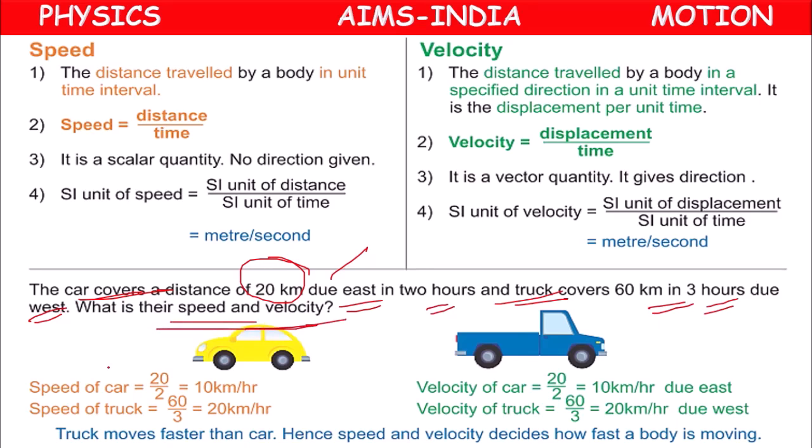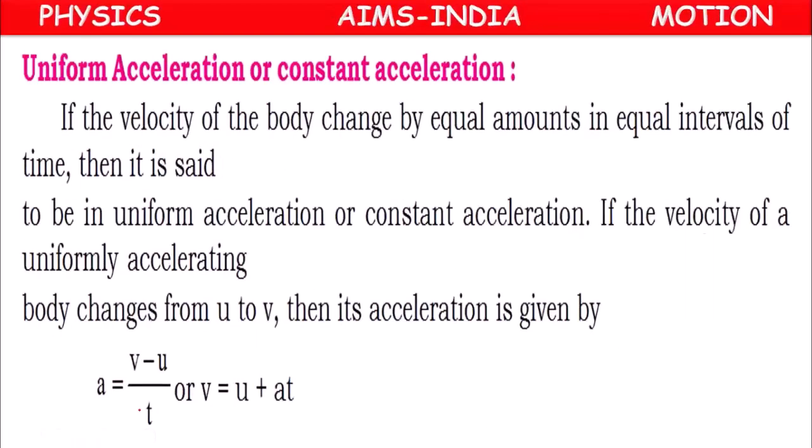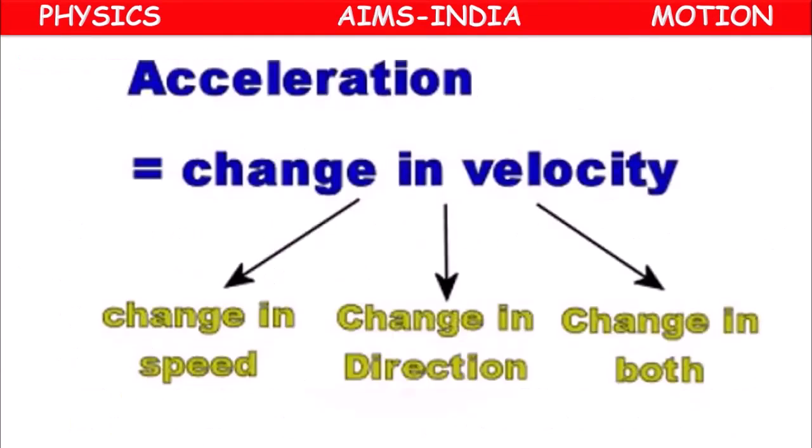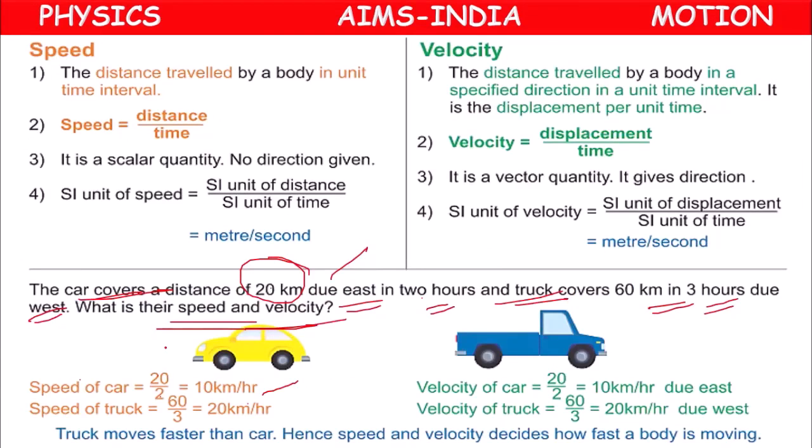Speed of car: 20 by 2, 10 km per hour. Speed of truck: 60 by 3, 20 km per hour, because 60 km it covered in 3 hours.